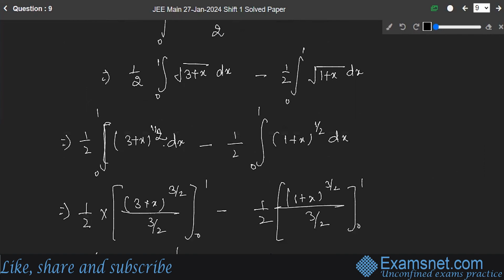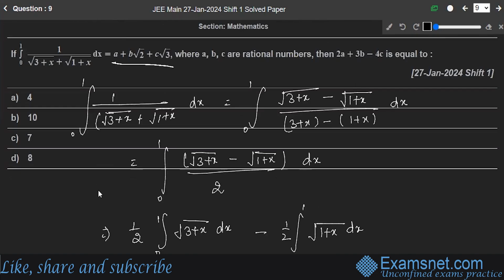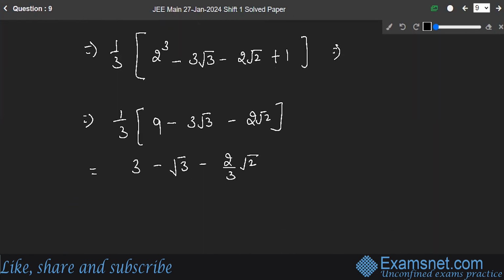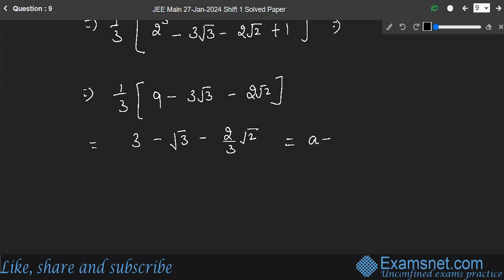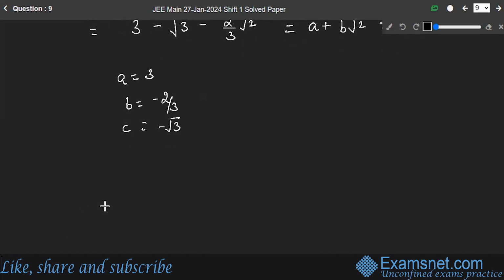Now let's compare it with the given expression a plus b root 2 plus c root 3. From here you have a as 3, b as minus 2 by 3, and c as minus 1.